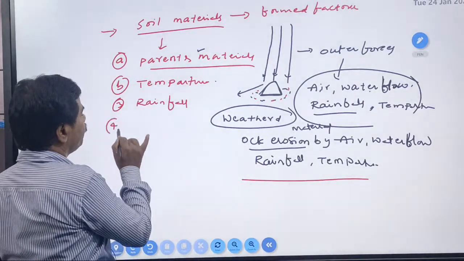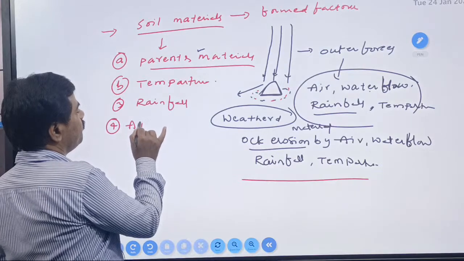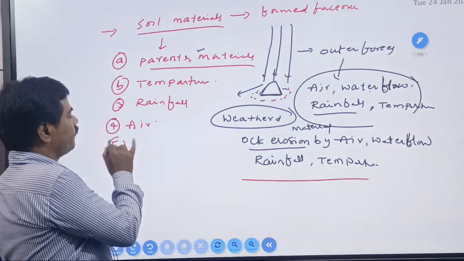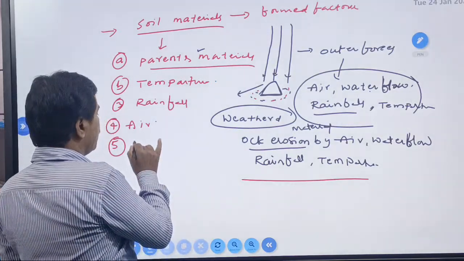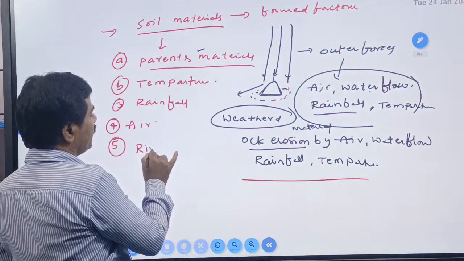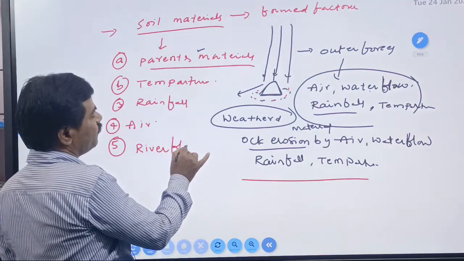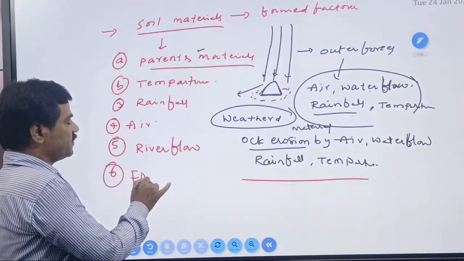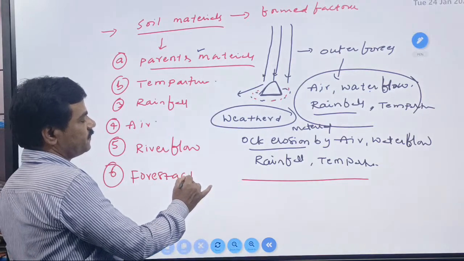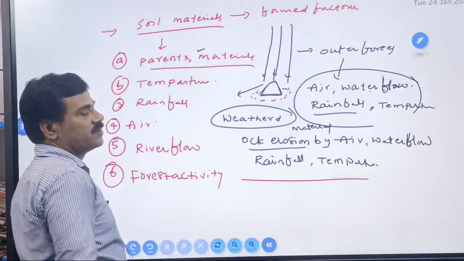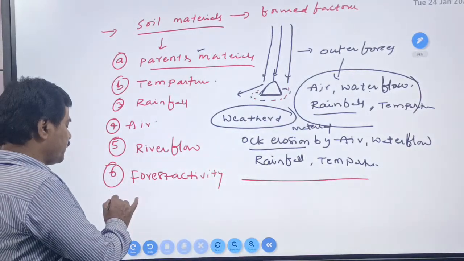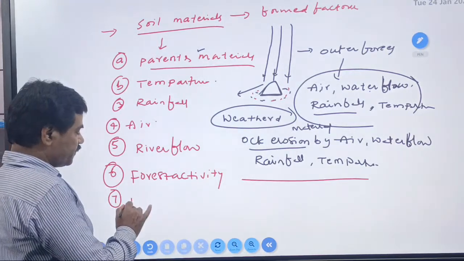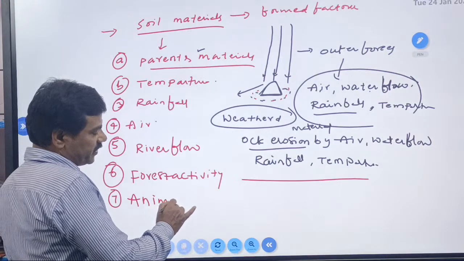Next, fourth one, air. Temperature, rainfall, air, and also river basin, river flow. Sixth one, forest activities, and seventh one, animal activities.